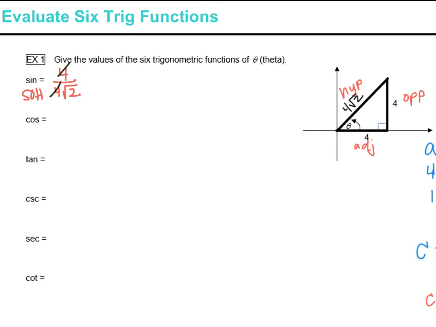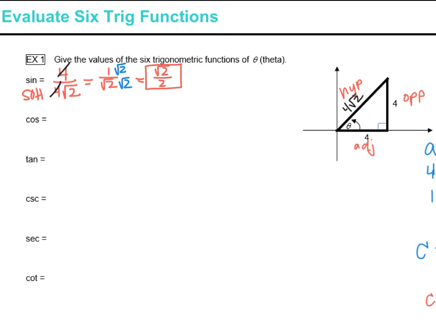First, the 4's cancel each other out. 4 divided by 4 is 1. So that leaves us with 1 over the square root of 2. And you guys know we are not going to leave the square root of 2 in the denominator. So we rationalize it, we multiply it by itself, and our final answer is square root of 2 over 2. Sine of theta is equal to square root of 2 over 2.